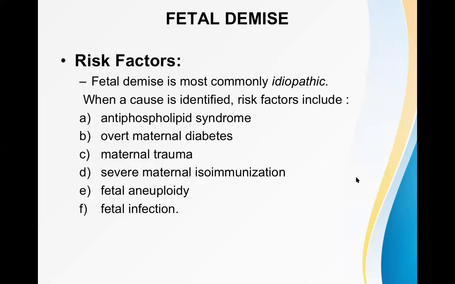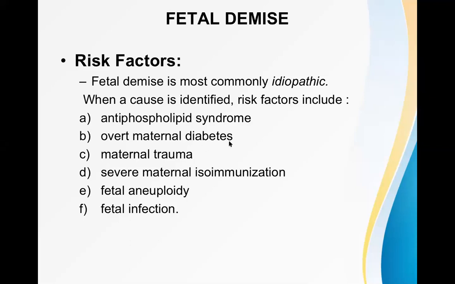Now, another part of this topic is, what are the risk factors for intrauterine fetal death? It is most commonly idiopathic. We do not know why it is happening. But sometimes we know the causes, like antiphospholipid syndrome or other connective tissue disorders, or other antigen antibody reactions.